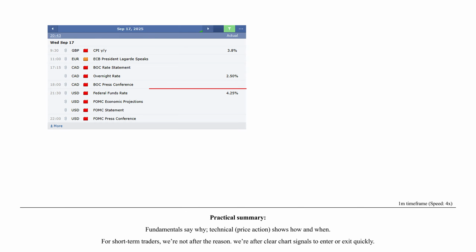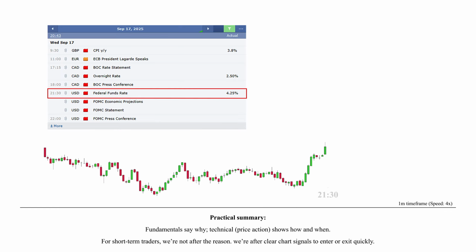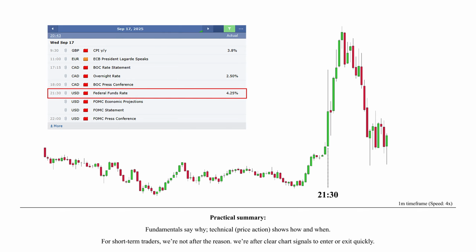Practical summary. Fundamentals say why. Technical shows how and when. For short-term traders, we're not after the reason. We're after clear chart signals to enter or exit quickly.